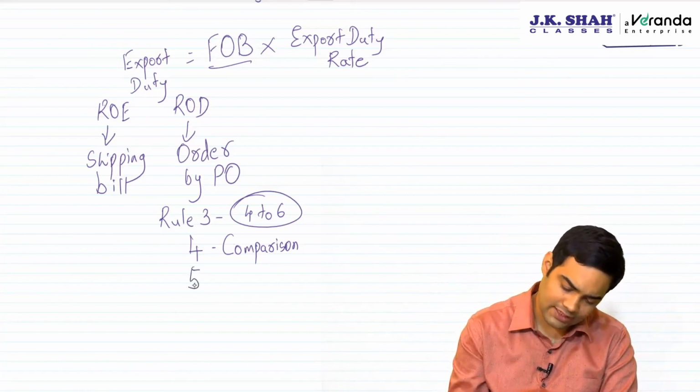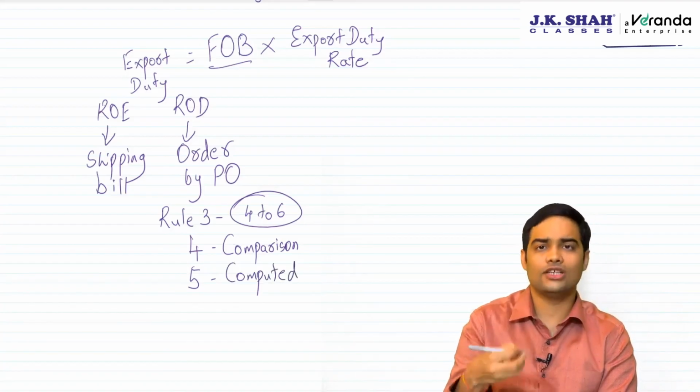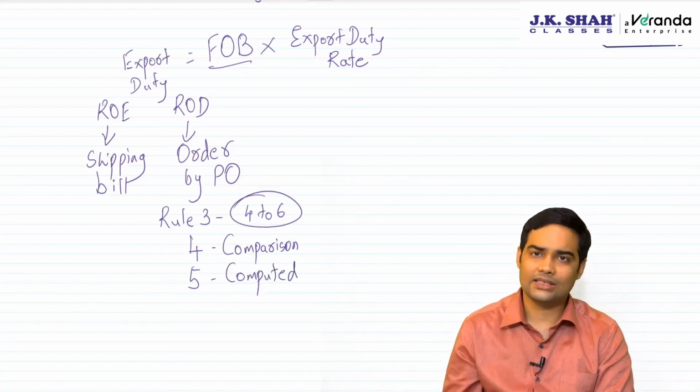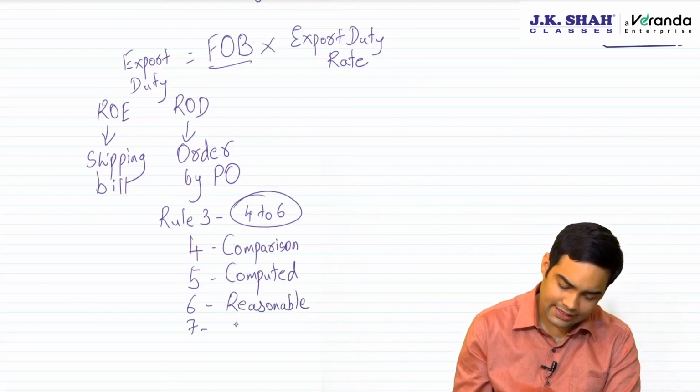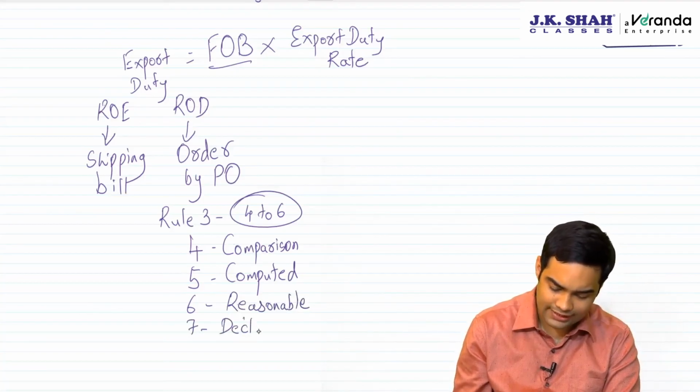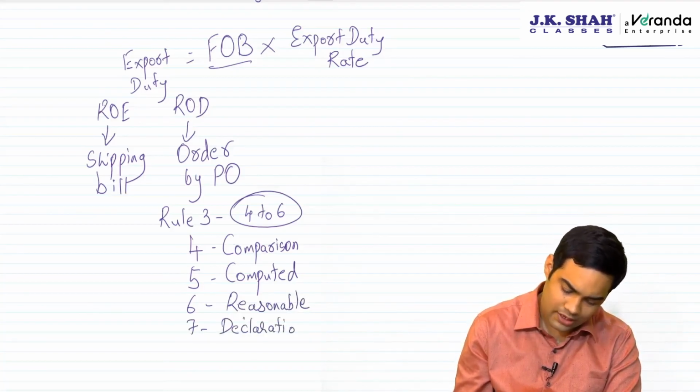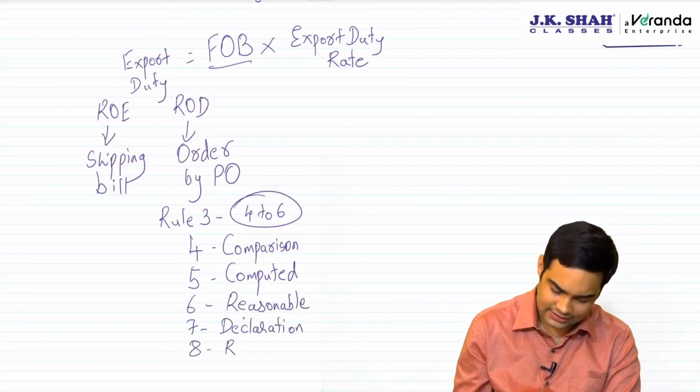Then Rule 5 says computed value. Obviously here computed value is easy. Cost plus profit plus any transportation expenses till you reach FOB. And finally Rule 6 talks about reasonable means. Rule 7 is a declaration by the exporter that everything which he has stated is true, and Rule 8 is rejection of value.